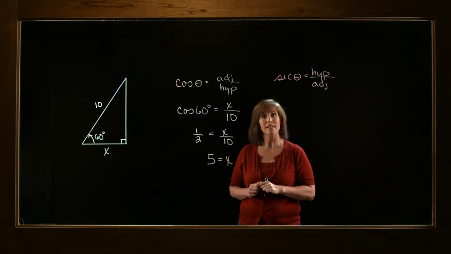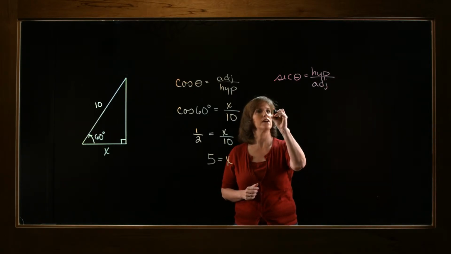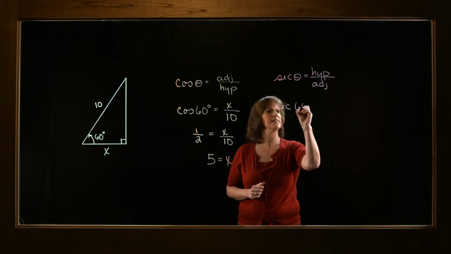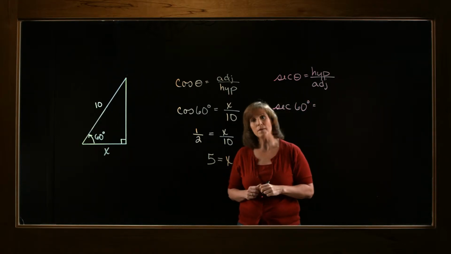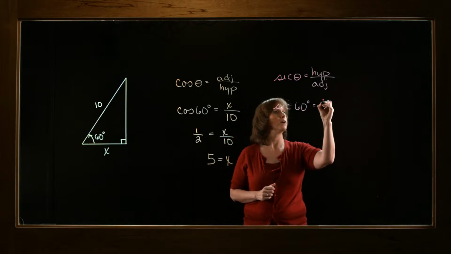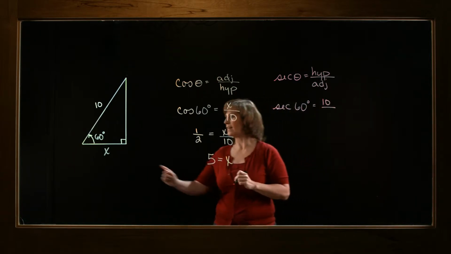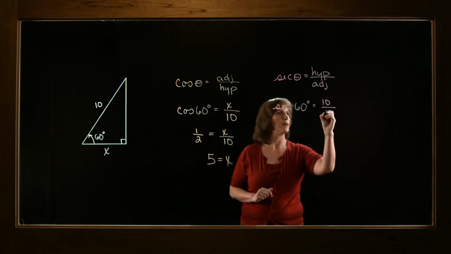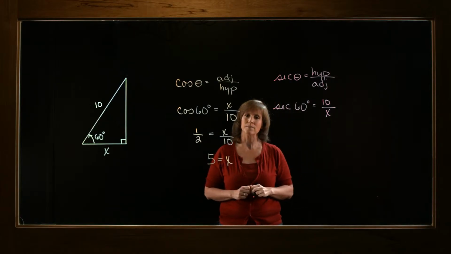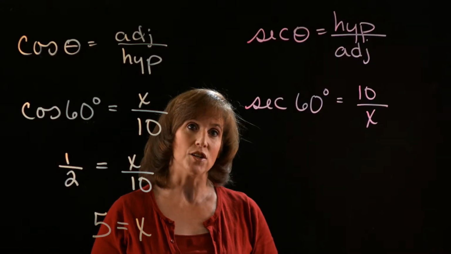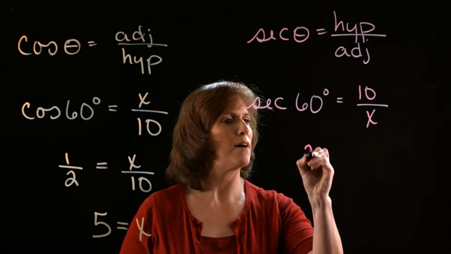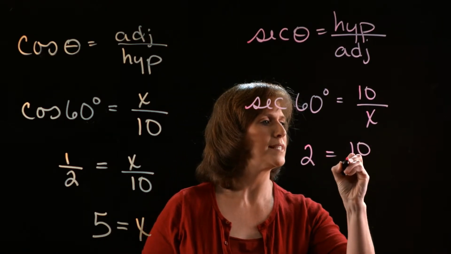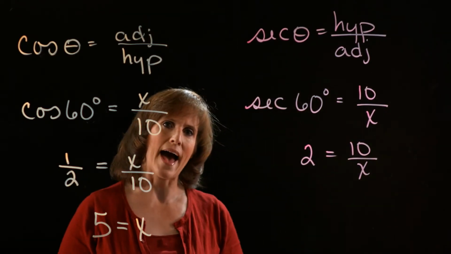Again, the angle I'm using in this case is 60 degrees. So the secant of 60 degrees is going to be equal to my hypotenuse, which is 10, divided by my adjacent, which is x. Now the secant of 60 degrees is 2. So I have 2 equals 10 divided by x.